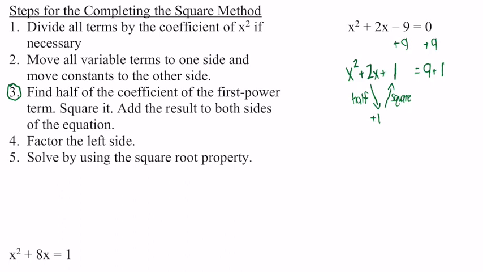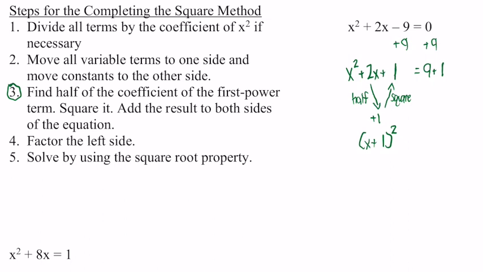So far, it may look like we've made this equation more complicated than the one we had to begin with, but now take a look at what happens if you factor the left side. To multiply to be 1, but add up to 2, you would need 1 times 1. In other words, factoring it, we would get x plus 1 times x plus 1, or x plus 1 squared.